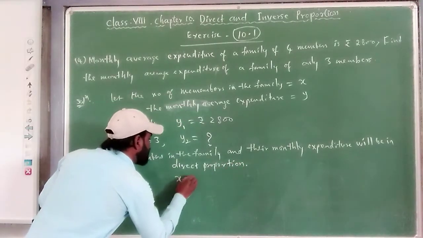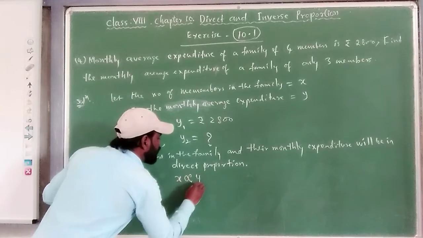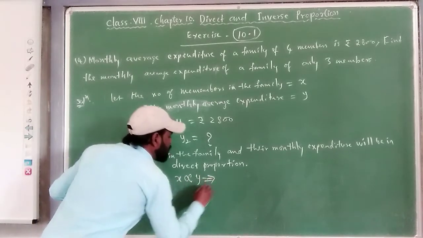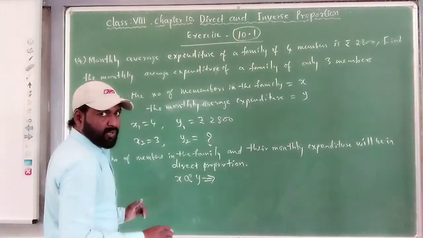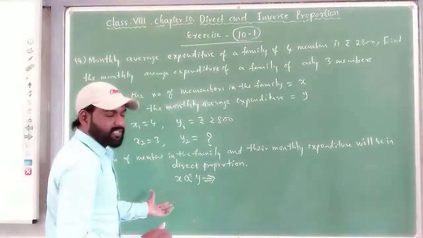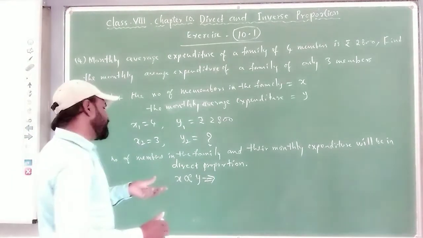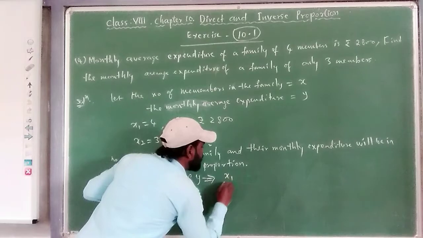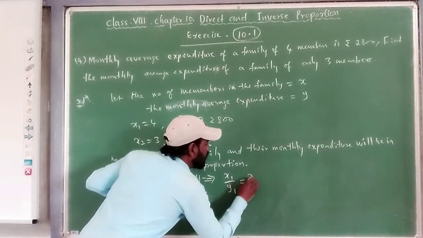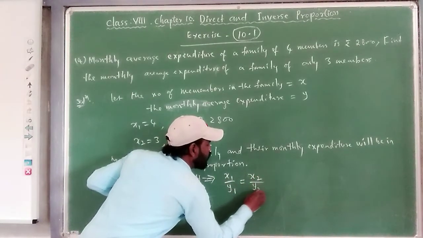So when direct proportion is there, x is directly proportional to y. So when x is directly proportional to y, then x1, x2 are the related quantities of x, y1, y2 are related quantities of y. So x1 by y1 is equal to x2 by y2.